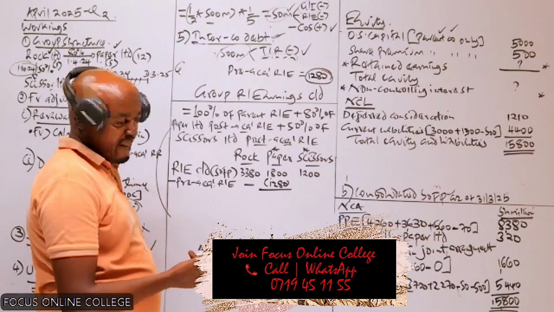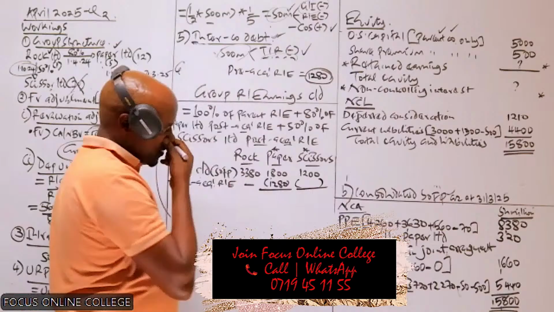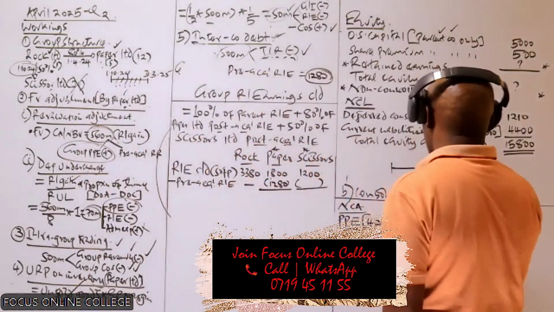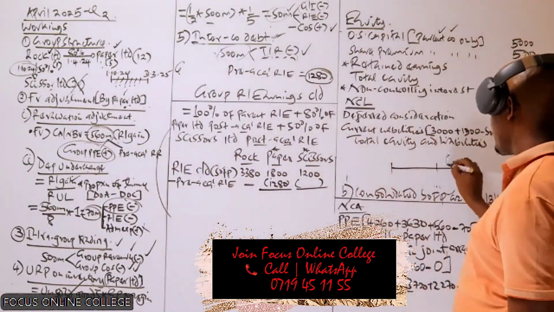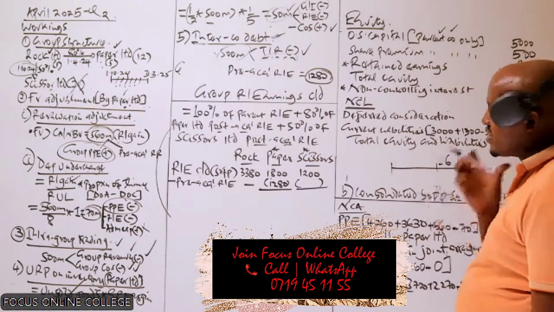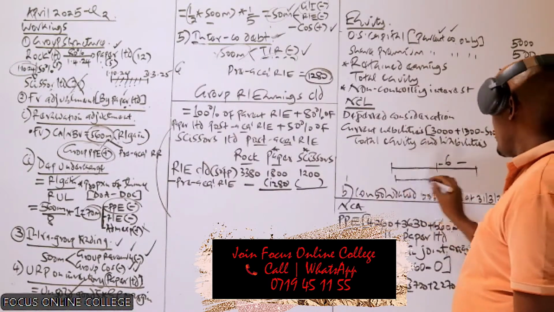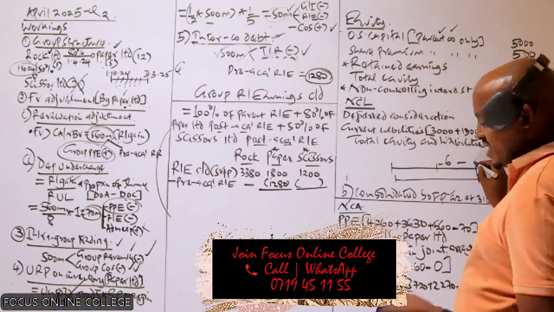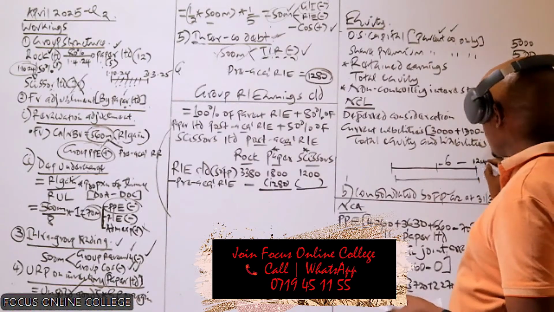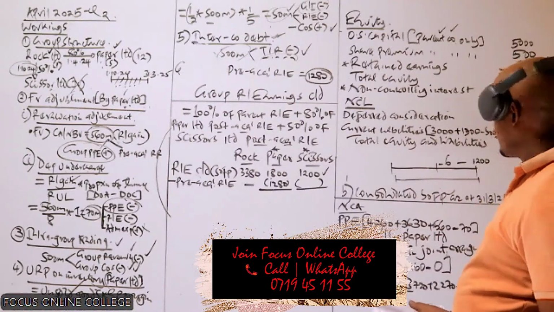And then what about Scissors? When was it acquired? I hope you can remember. Scissors was acquired 6 months to the end of the year. Basically, for Scissors, we need first its retained earnings at the end, which is 12, the value we have here.